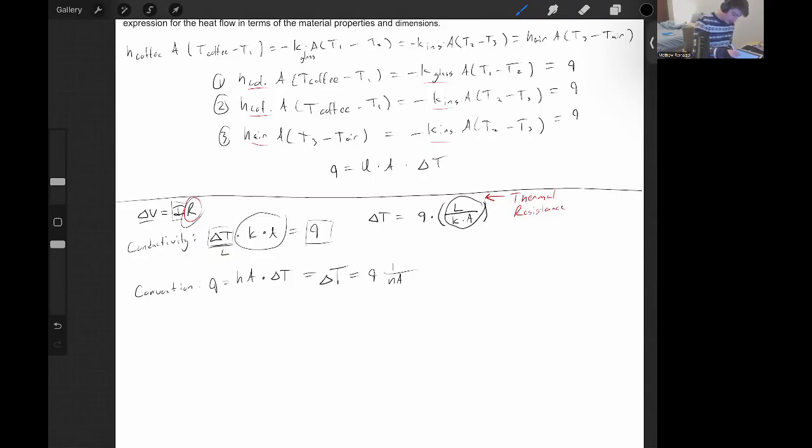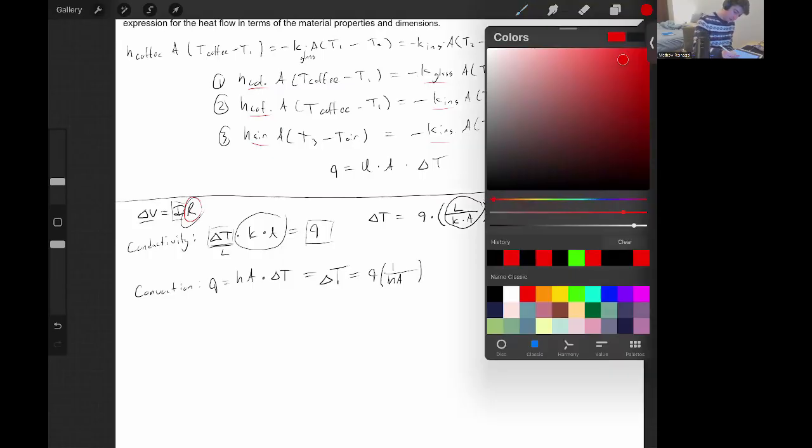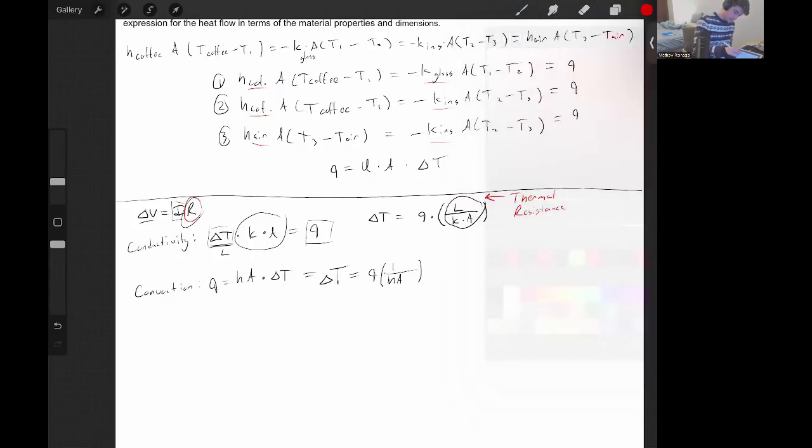And now look at that, we have our thermal resistance for convection. All right, so now we have an expression for thermal resistance for both conduction and convection.